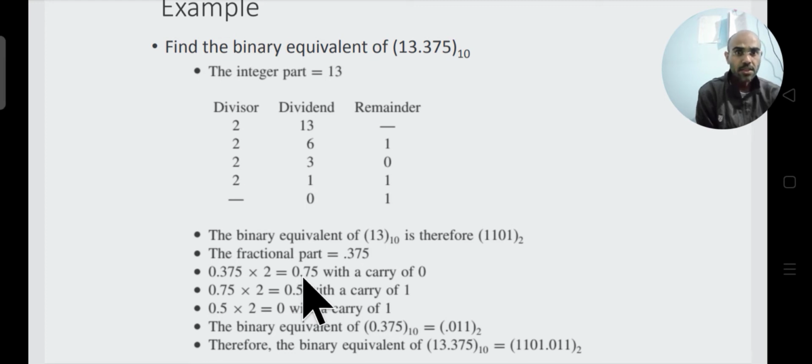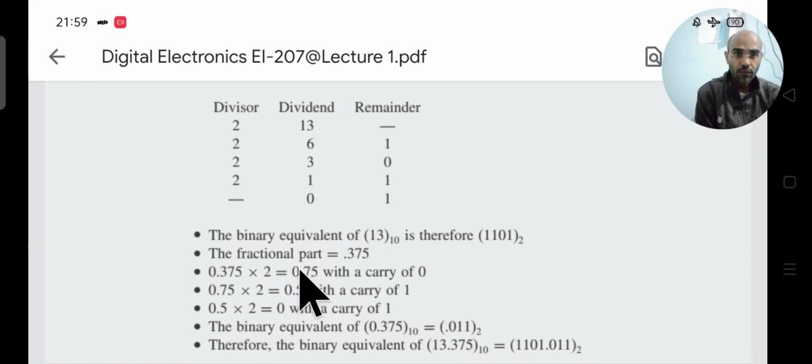Now from this 0.75 we will take 0, because the integral part is 0, so we will write this 0 separately. This 0, we got it from here.